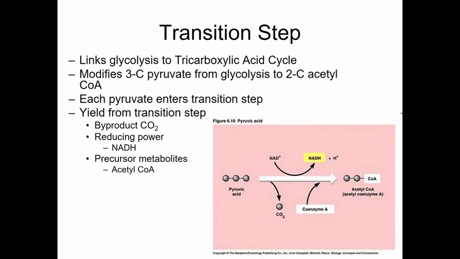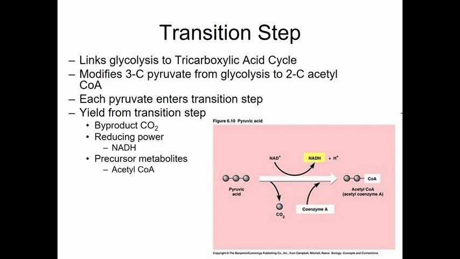Here's another way of looking at it. We started with 6 carbons in that glucose molecule. How many carbons are we left with as part of the molecule at the end of the transition step? 4 total, because we've got 2 from this molecule and 2 from the second molecule. Pyruvate has 3 carbons.